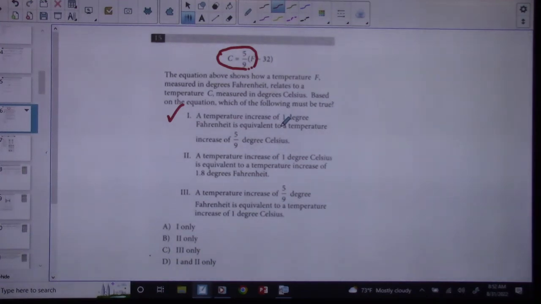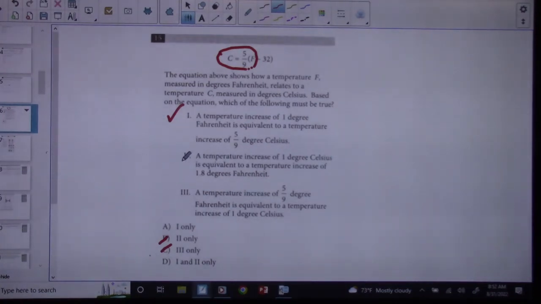Slope is the answer to the question, how much does y change when x is increased by 1? Well, if you increase F by 1, C is going to change by 5/9. So B and C are not correct answers based on that.